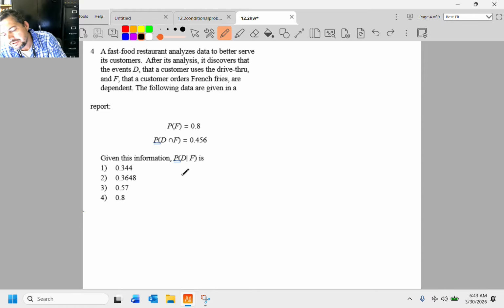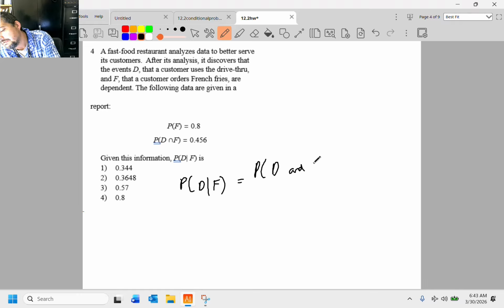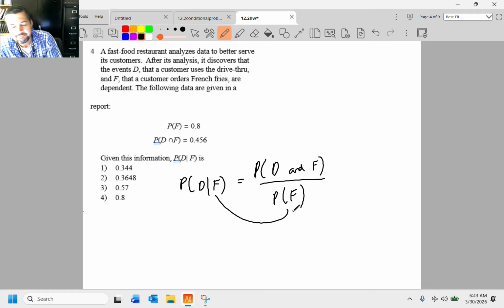The probability of the drive-through given French fries is the probability of the drive-through and French fries over the probability of French fries. Notice how the things in the bottom stay in the bottom. The drive-through and French fries is 0.456. Probability of French fries is 8/10.